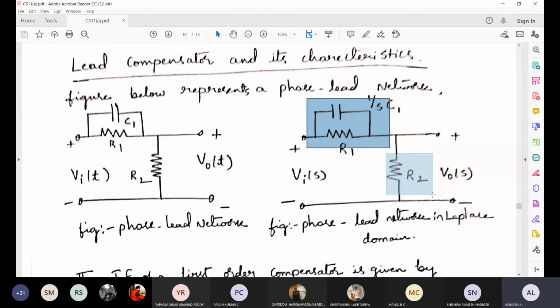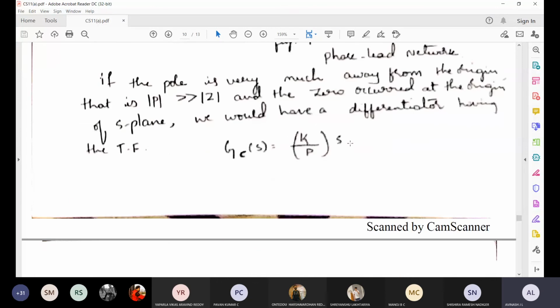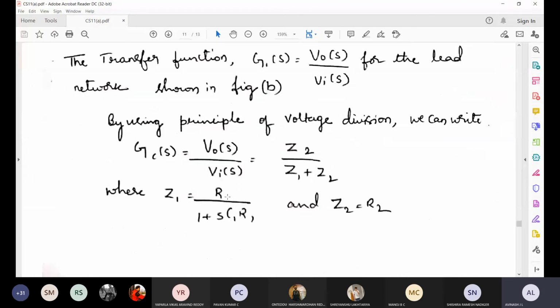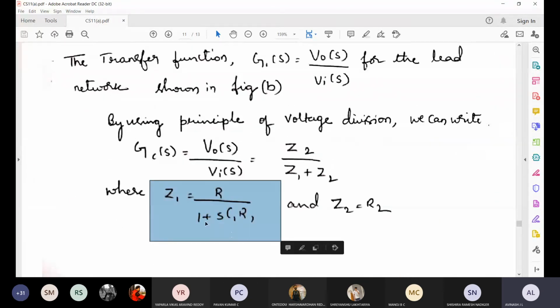Z2 is equal to R2 directly, whereas Z1 is equal to R1 divided by 1 plus S into C1 into R1. So this is the equivalent equation, and Z2 equals R2. You can use this formula.